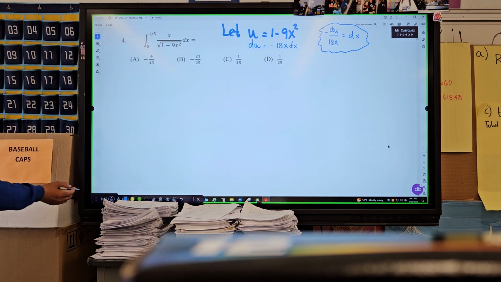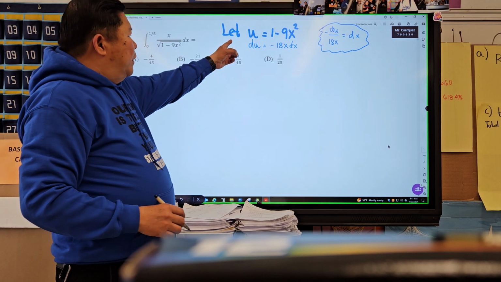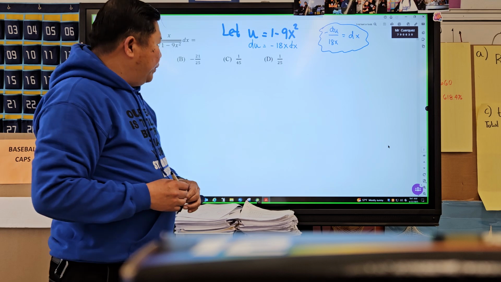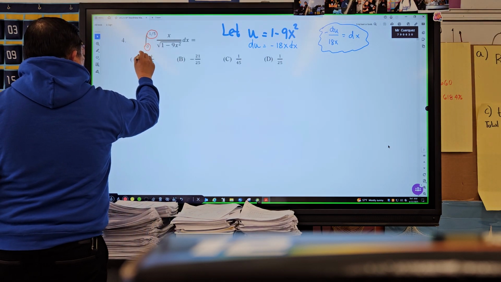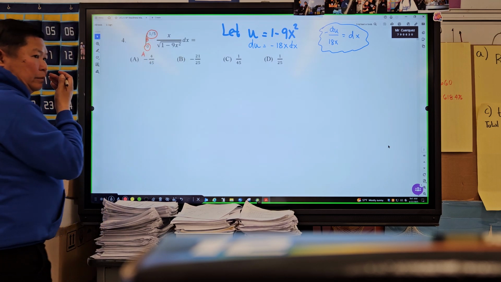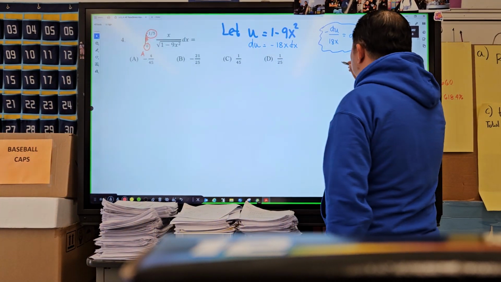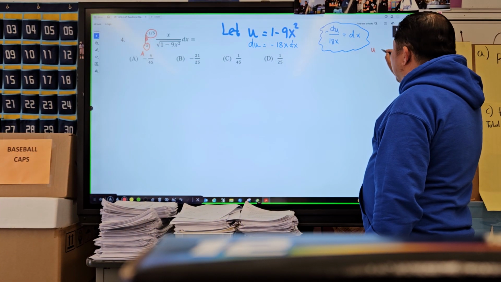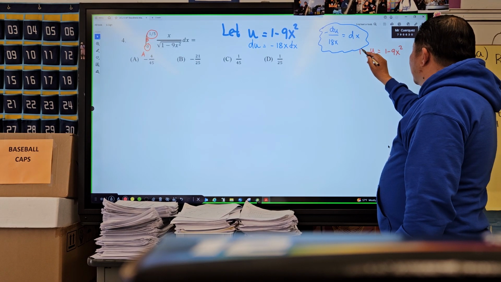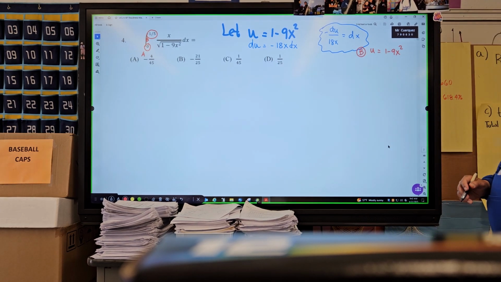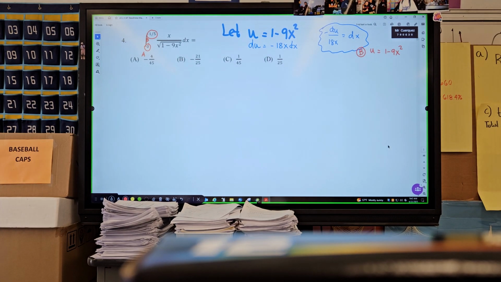Now, the next thing that we do, since this is a definite integral, listen first. From u equals 1 minus 9x squared, the limit is a to b, so we solve first for b.